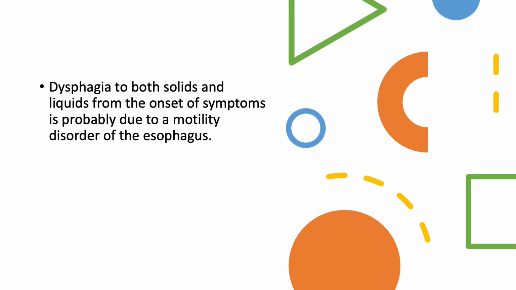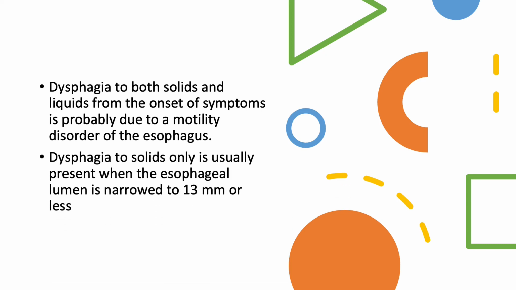Dysphagia to both solids and liquid from the onset of symptoms is probably due to a motility disorder of the esophagus, while dysphagia to solids only is usually present when the esophageal lumen is narrowed to 13 mm or less, as seen in strictures.